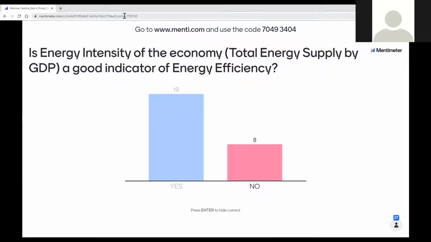To really analyze energy efficiency, we need to go one step further and look at more activity data and look in more detail to see whether we really have energy efficiency. But it's a good start to use energy intensity, but it's not the ideal one. So thank you for participating. And now let's move to the presentation.